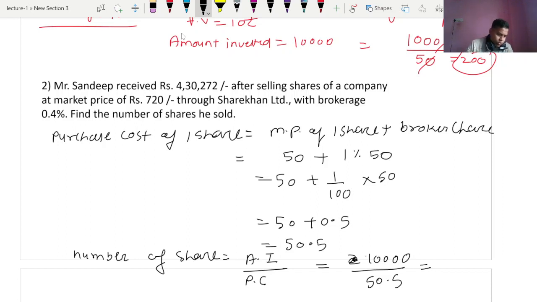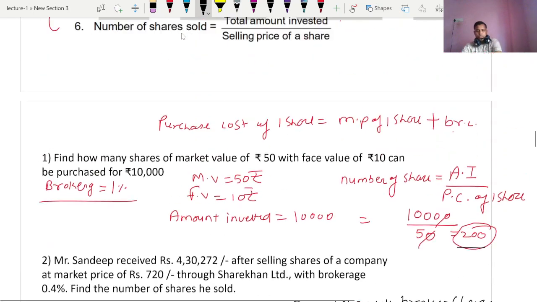So this is equal to 198.02. I will write up to 2 decimals. Okay. So see here, when there was no brokerage charge, you could buy up to 200 shares. But since there is a brokerage charge, you can buy only up to 198.02 shares, units of shares. Okay. So this is the difference. Fine.